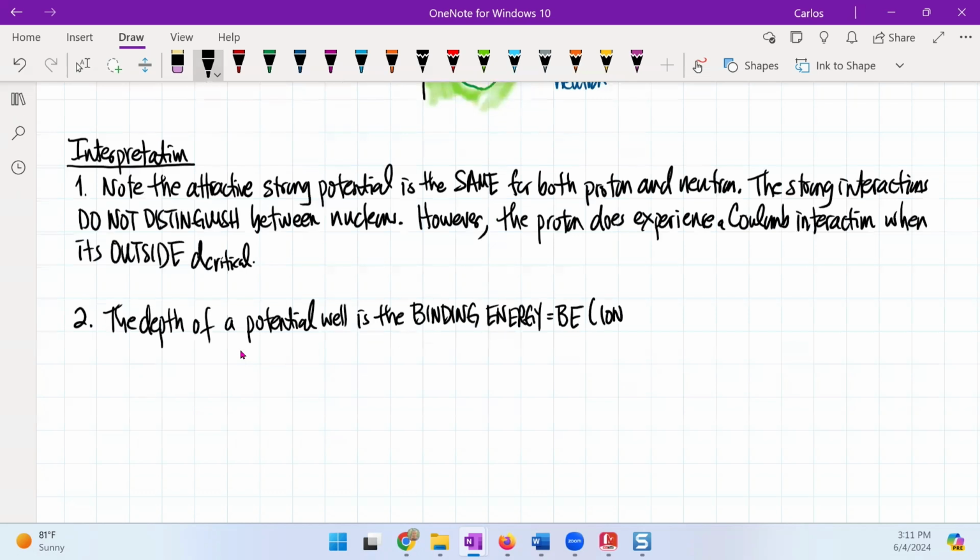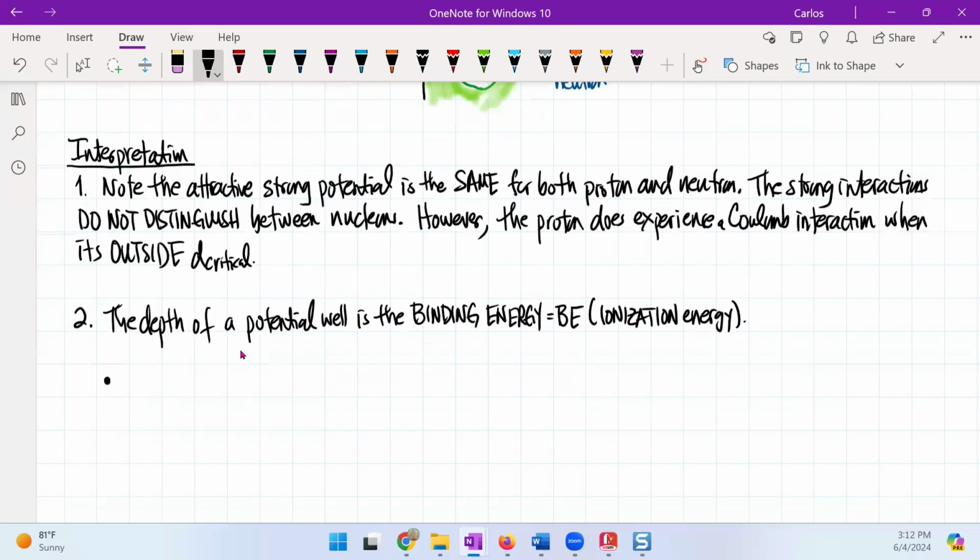This is also known as the ionization energy. I should be a little bit careful with the language here. If we talk about removing electrons, it's called ionization. If we're talking about removing nucleons from the nucleus, then it's called the proton separation or the nucleon separation energy.